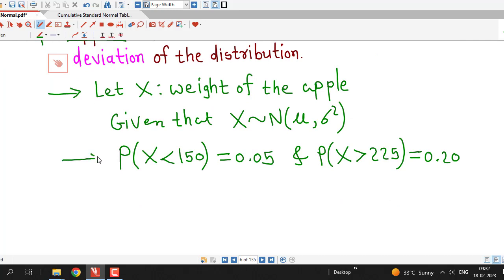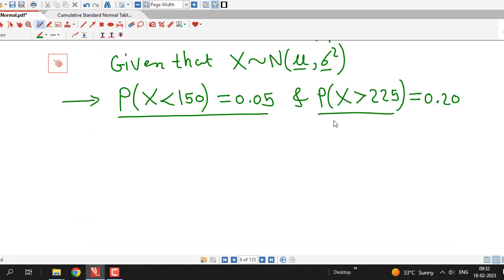So using these probabilities, we have to decide mean mu and variance or standard deviation of given normal random variable.